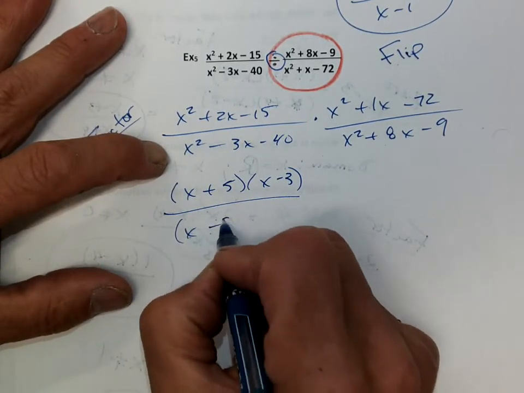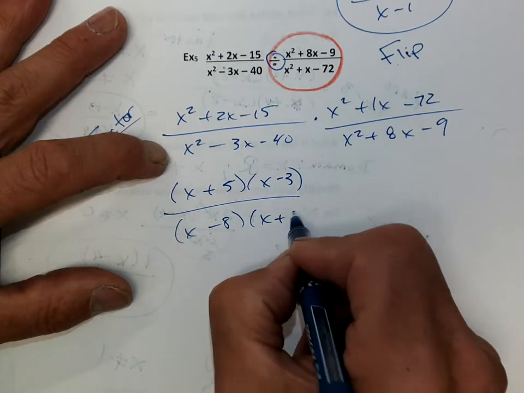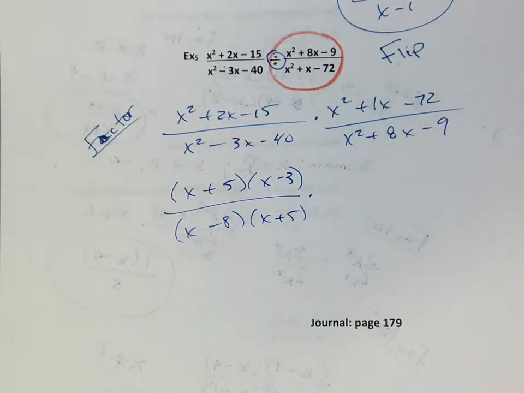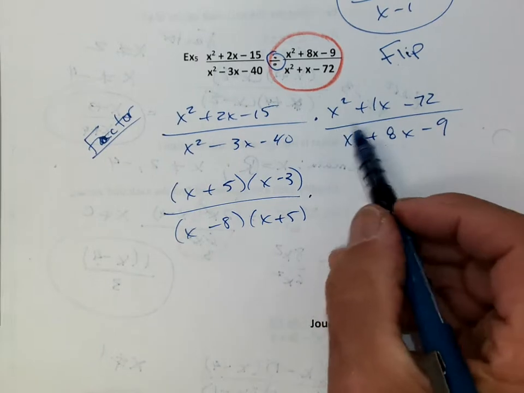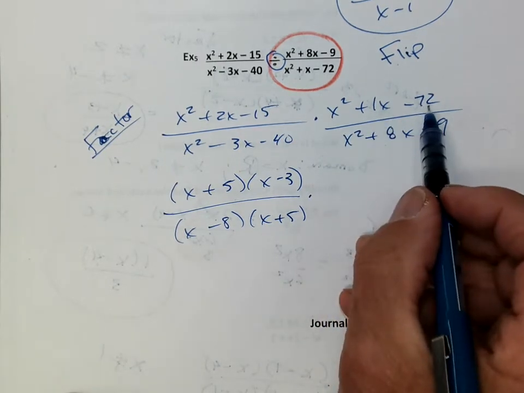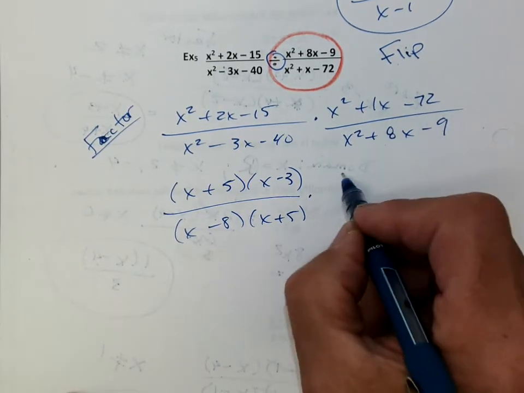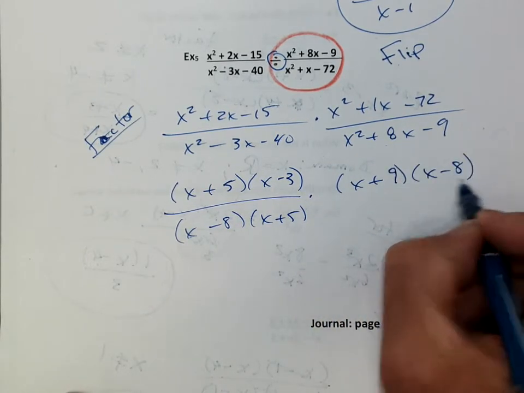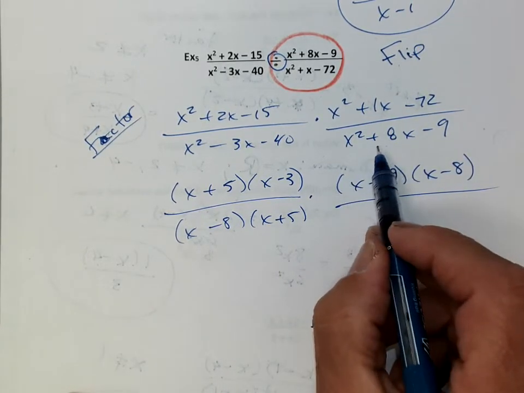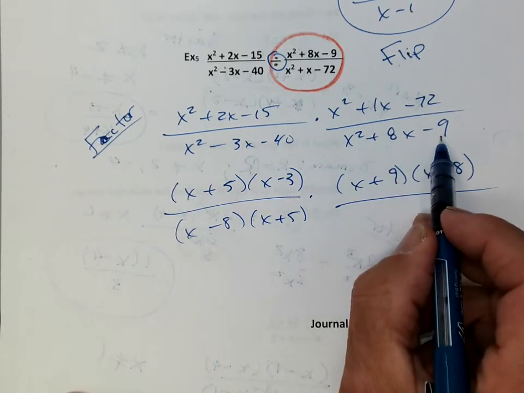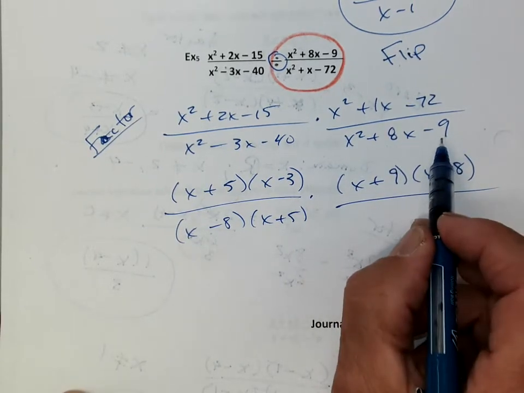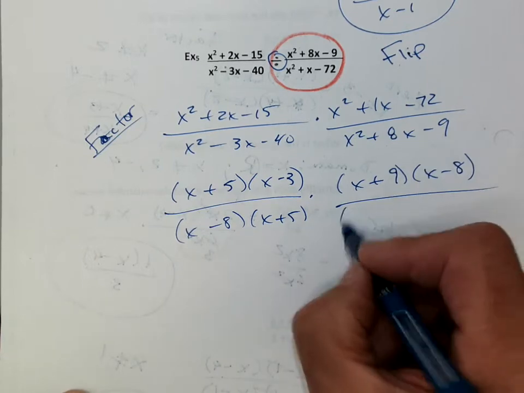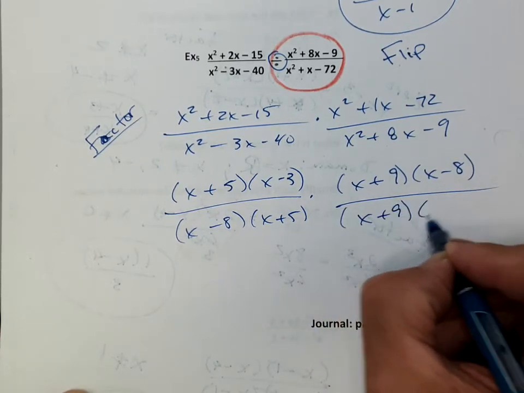X minus 8, x plus 5. My second fraction, x squared plus 1x minus 72, probably a positive 9 and a negative 8, so x plus 9, x minus 8. And my x squared plus 8x minus 9 is probably going to be a positive 9 and a negative 1, so x plus 9, x minus 1.